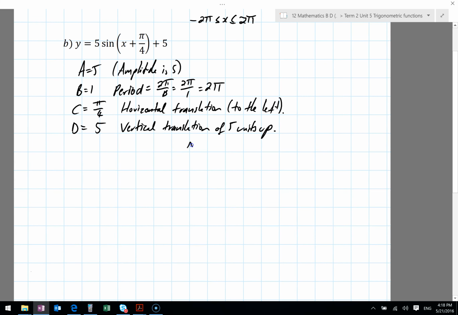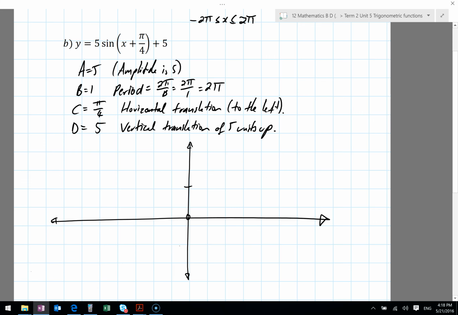Okay, so I'll draw up my axes. And my amplitude is 5, my base function, so I imagine it going between 5 and -5. But I have a vertical translation of 5 as well. So it's not going to be between -5 and 5 at all.